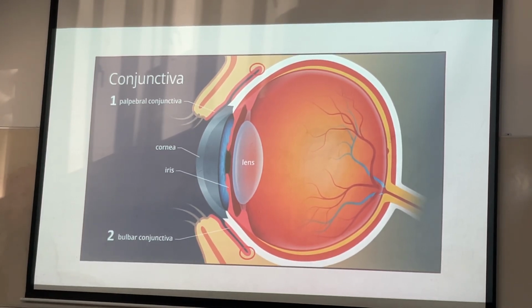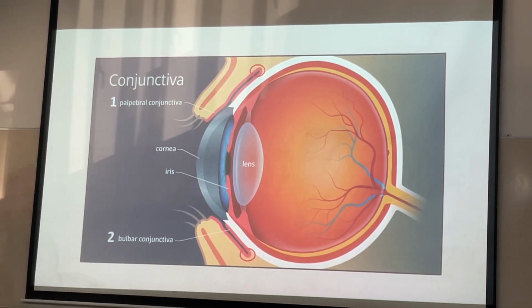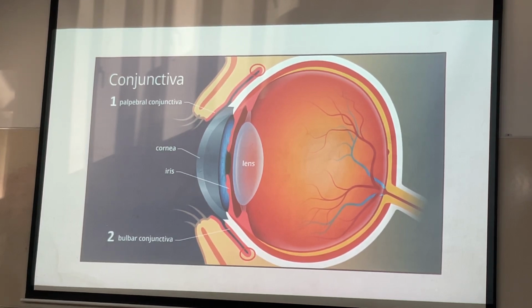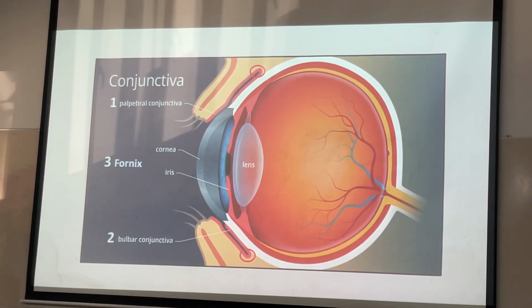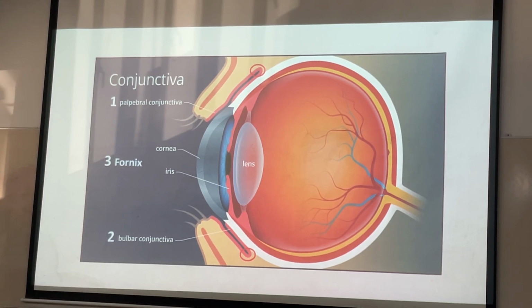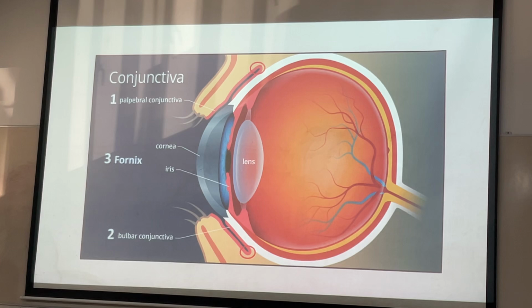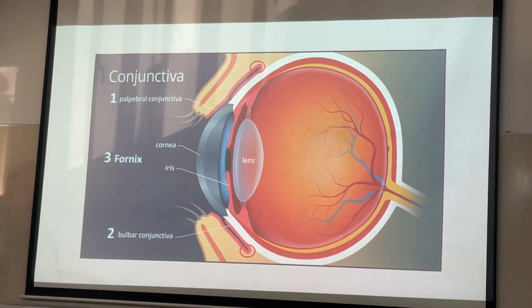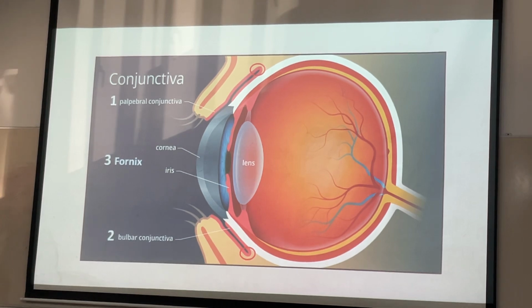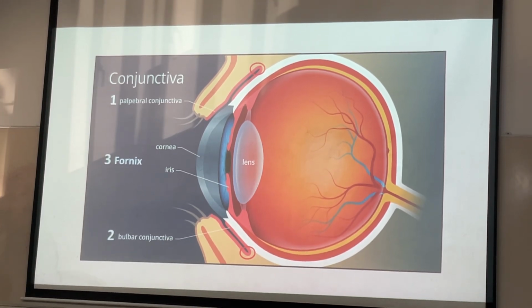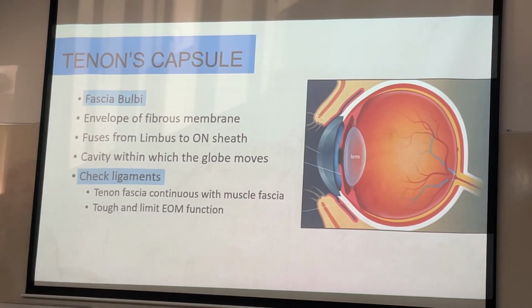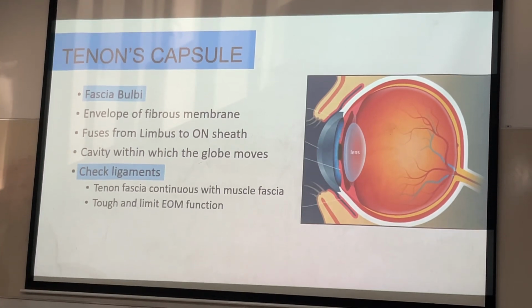And then lastly is where your bulbar conjunctiva and your palpebral conjunctiva meet. So this is known as your fornicial conjunctiva, or basically just known as your fornix. So many layers, so many descriptions, they're just conjunctiva, but they're broken into different parts. So it makes our life easier if it's just conjunctiva.